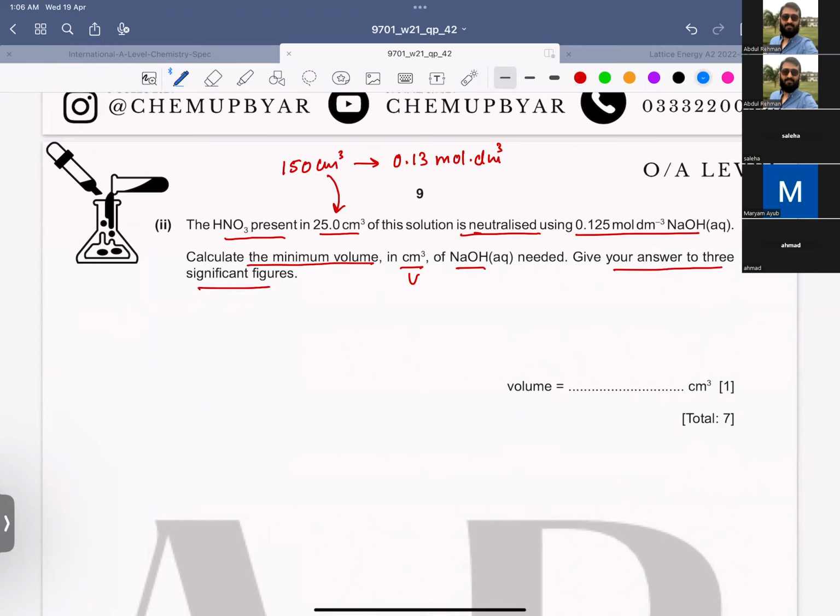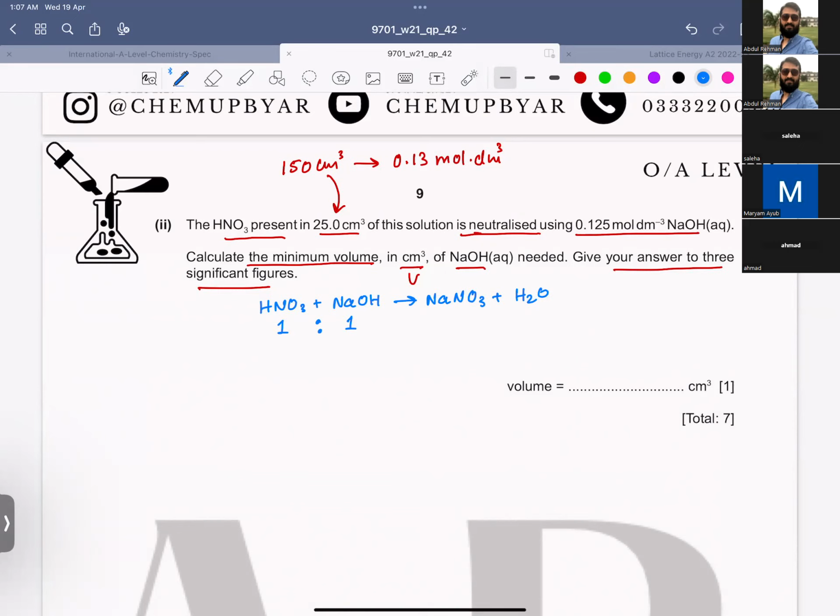Okay, first you may write the equation of the acid and the base reacting to get the mole ratio. They are going to form sodium nitrate and H2O, and the equation is balanced. So it means the moles of these two would be the same.